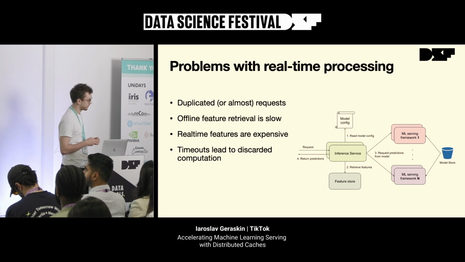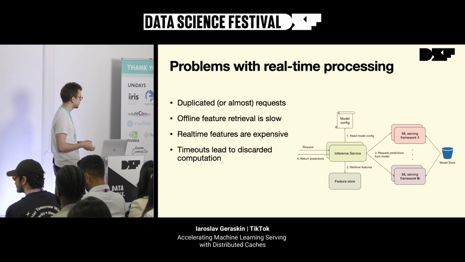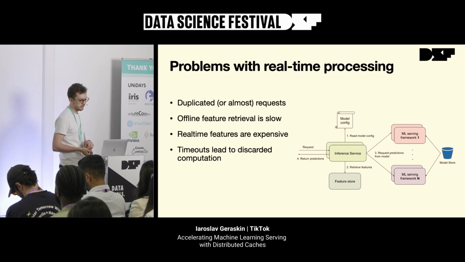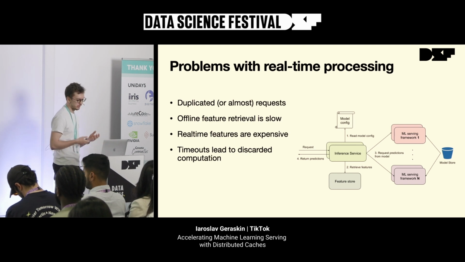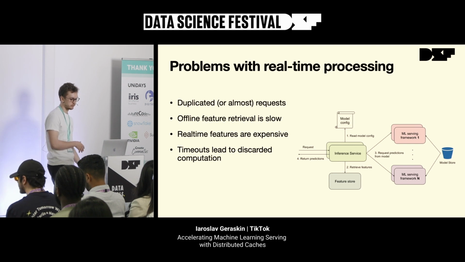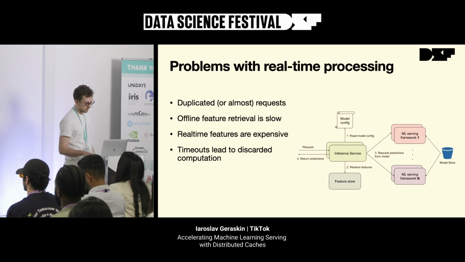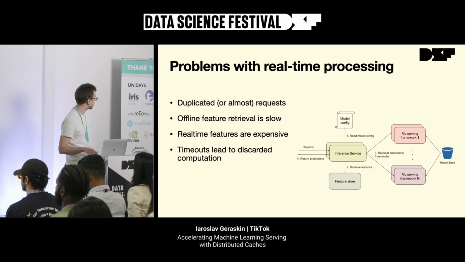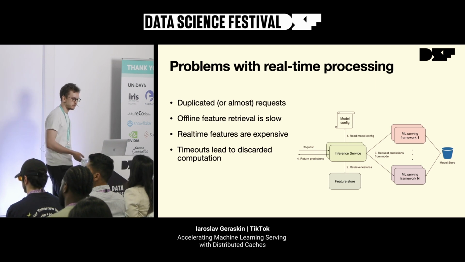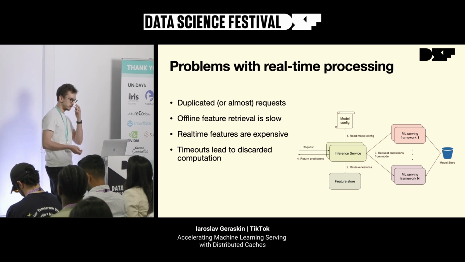And using efficient memory storage to retrieve features fast is also expensive, and it uses a lot of memory, which is more expensive than cold storage. So the other problem is duplicated or almost duplicated requests. So you can imagine that users can take a lot of actions.